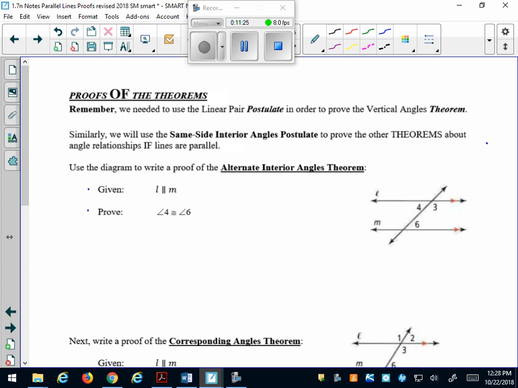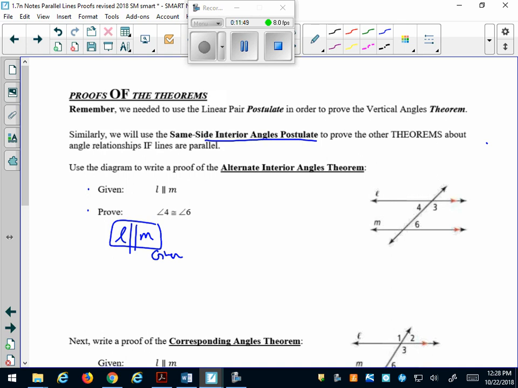So we're going to start with our given. And often, in a proof of a theorem, the given doesn't really lead to much because we haven't proven anything yet. But in this case, this is going to lead to our postulate that we're going to use.